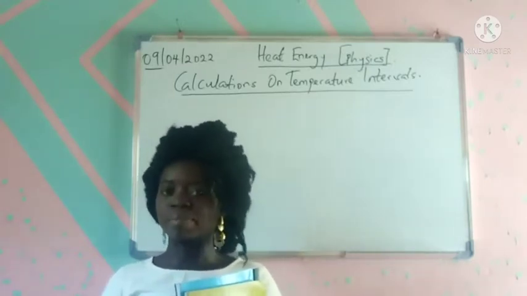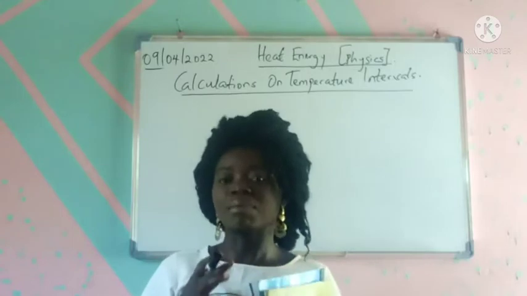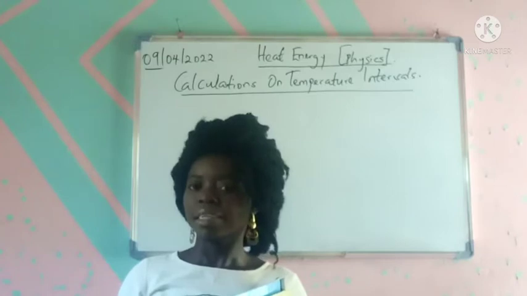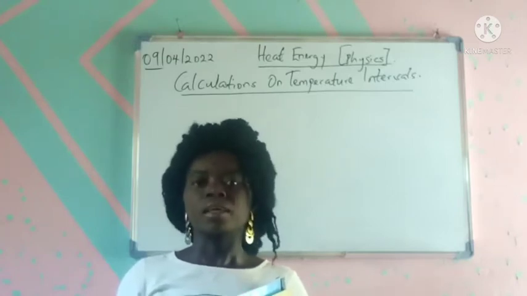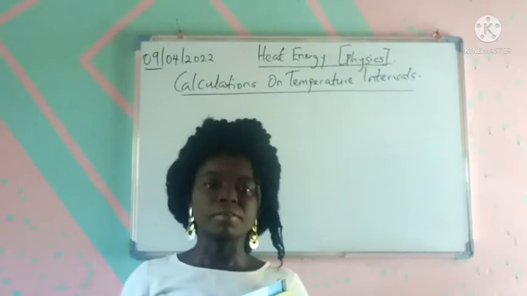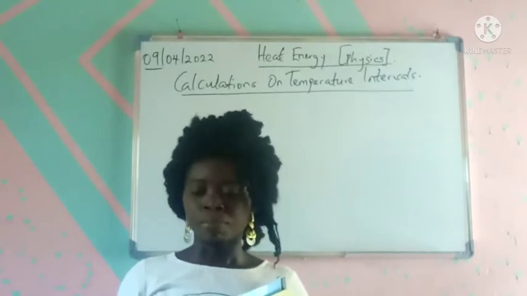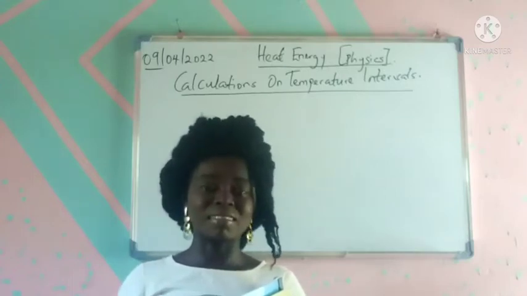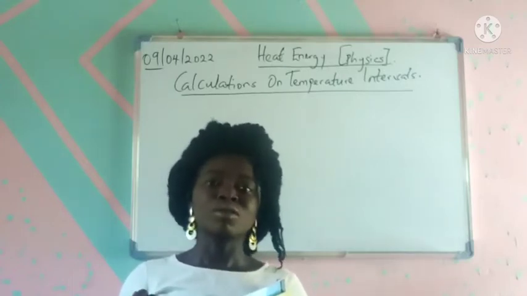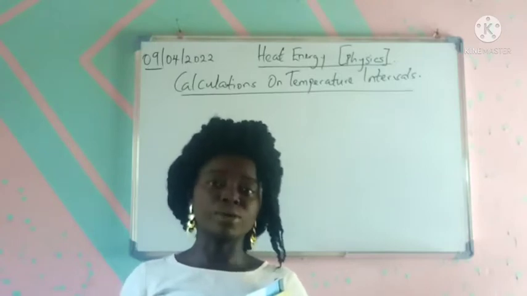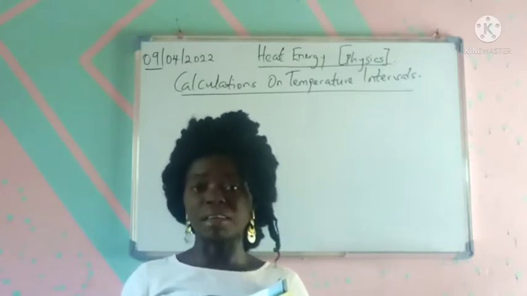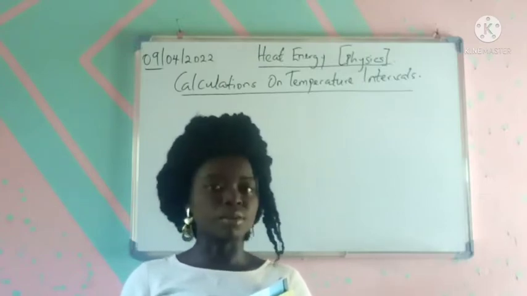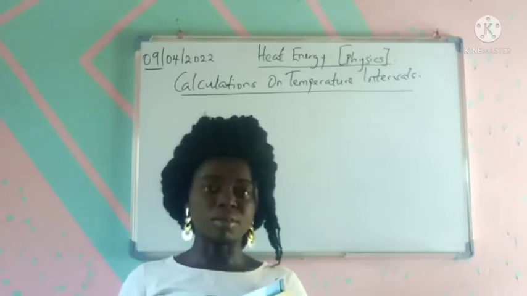Oftentimes in science, there are some very specific units that we work with. So for temperature measurement, we have various scales of measurement, but at secondary school level, the two basic scales that you find most commonly used are the Celsius scale and the absolute scale.